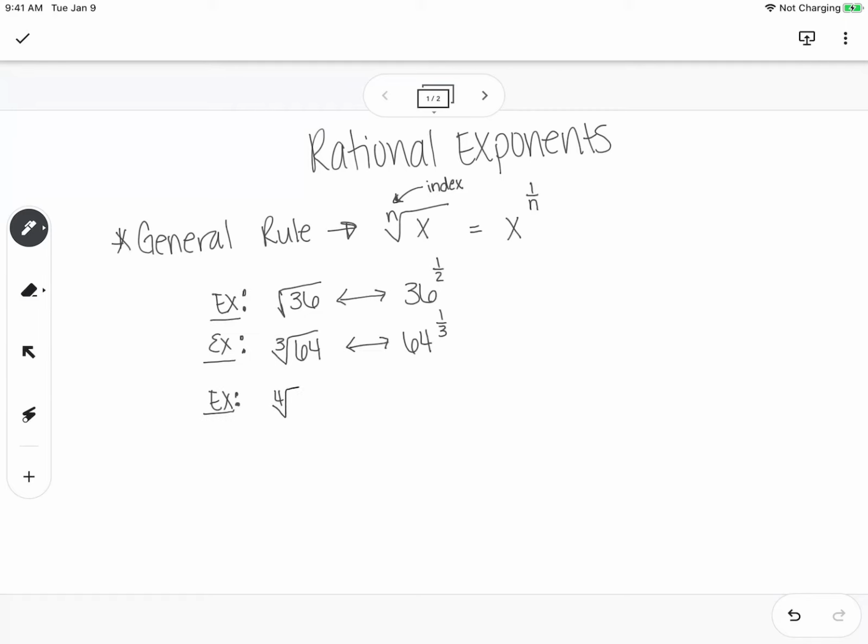The 4th root of 16 is the same as saying 16 to the 1/4 power, which is the same as the 4th root of 16. So this is how you would need to rewrite. So if they're asking you to take a radical expression and rewrite it as a rational exponent, this is what they're asking you to do. We're not actually simplifying it.